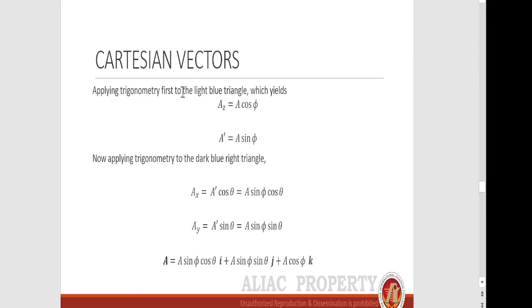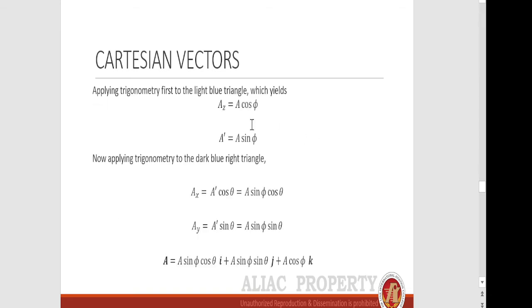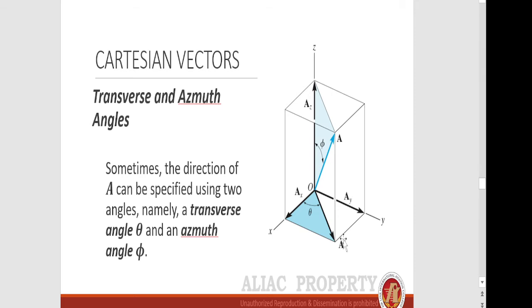So applying trigonometry first to the light blue triangle, AZ equals A cos phi, and A dash, that should be equals to A sin phi. This is our A dash.